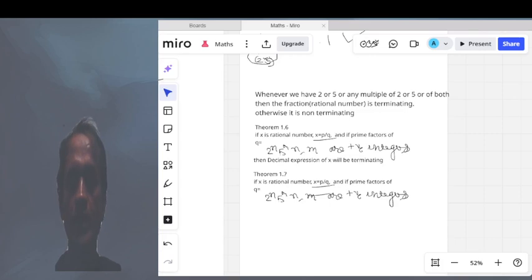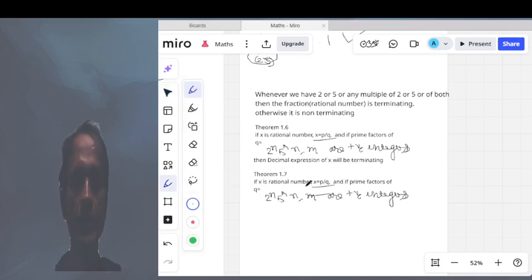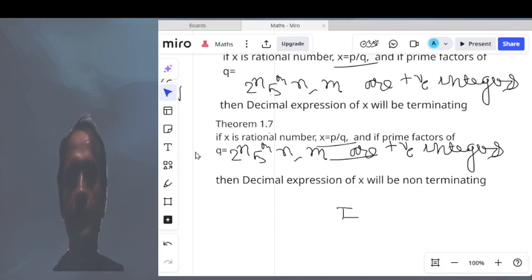So we have another theorem which states that if x is a rational number, so it can be put in the form of p by q, and the prime factors of q are not of the form 2 to the power n or 5 to the power m, that means q does not have 2 or 5 as a factor, then the decimal expression of that rational number will be non-terminating.